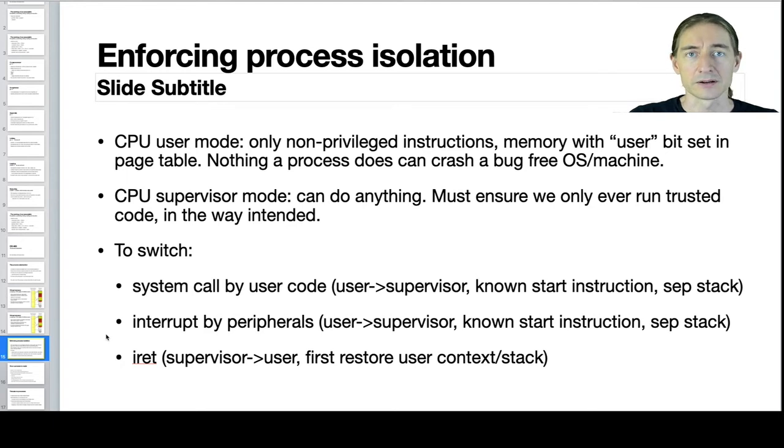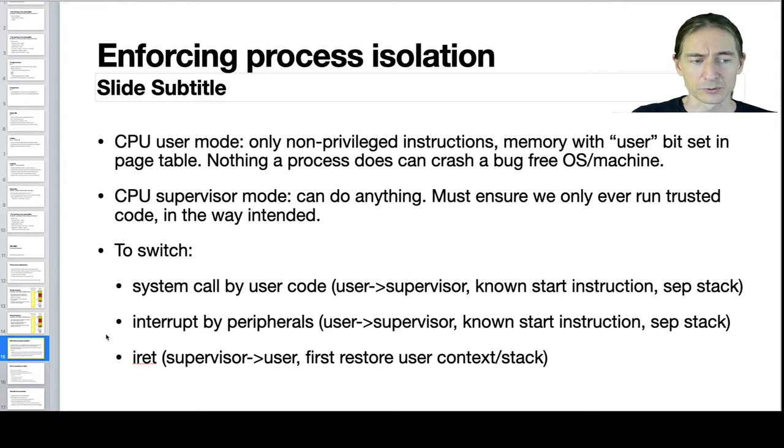Alternatively, there might be an interrupt. Either you do something you're not supposed to, or a peripheral like a timer or a disk drive or a network interface, something like this, issues an interrupt voltage on a pin on the CPU really.